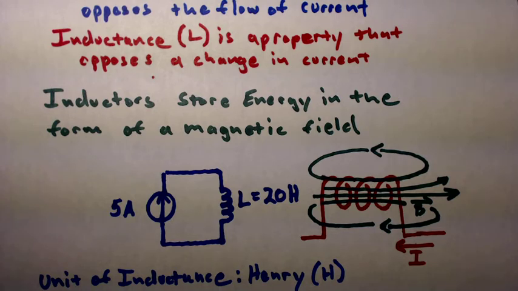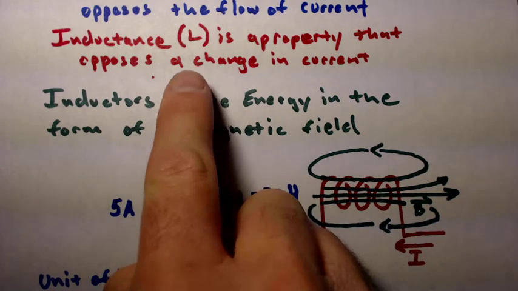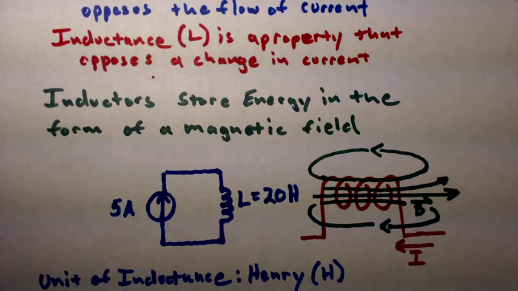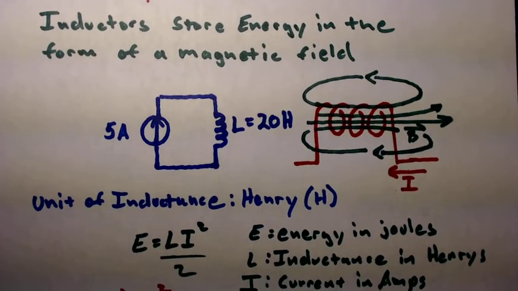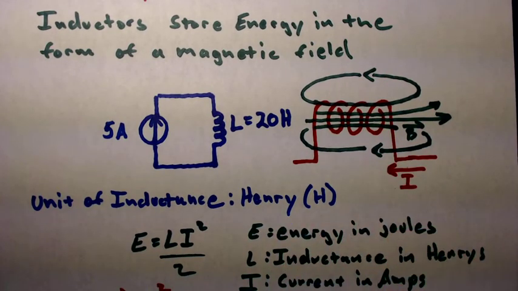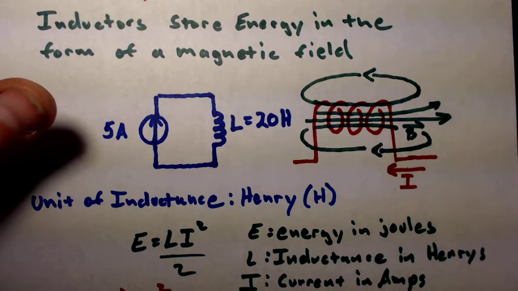So let's now start talking about this opposition to the change in current, because the energy storage that I just went over doesn't exactly describe that. It just talks about what's going on, storing energy in the magnetic field. So let's talk about opposing a change in current.